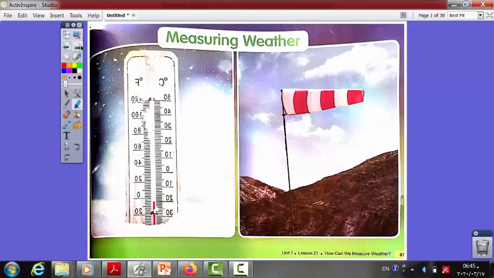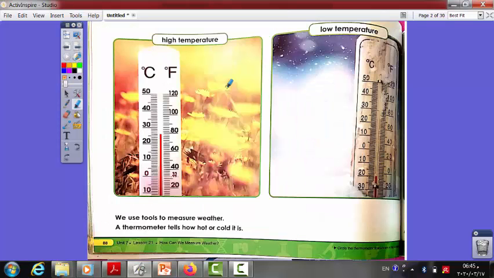Next page. Here we use a thermometer. Why? To measure temperature. Look here, it's red, so we have high temperature. In high temperature we wear light clothes. But in low temperature, like here, we wear heavy clothes, like now.